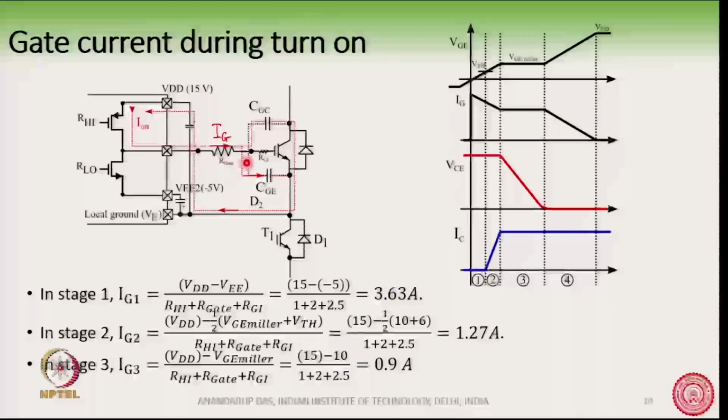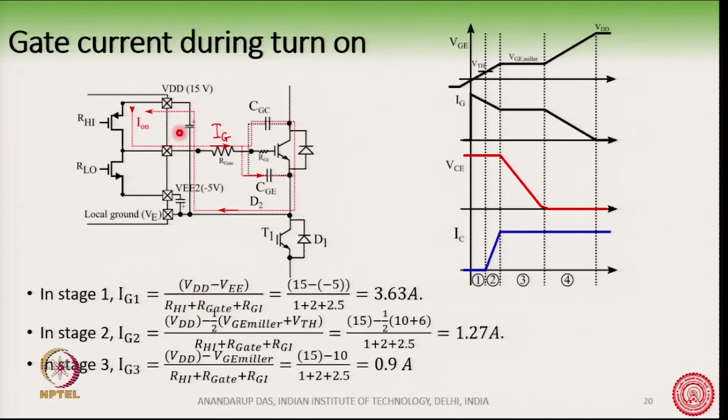So, this gate resistance R gate is an element which has a profound effect in controlling the losses. Of course, then we have this CGE and CGC, and then the circuit is completed here. So, then we can find approximately what the gate current IG1 is at stage 1.